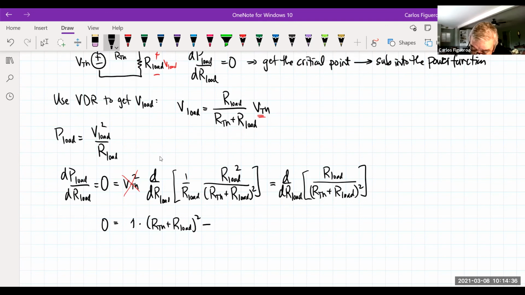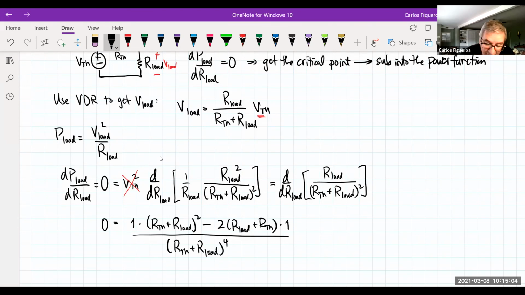Minus the derivative of the bottom times the derivative of the inside, which should give me 1. Ooh, let me do this a little bit cleaner. And then I have to take the bottom and I have to square that.